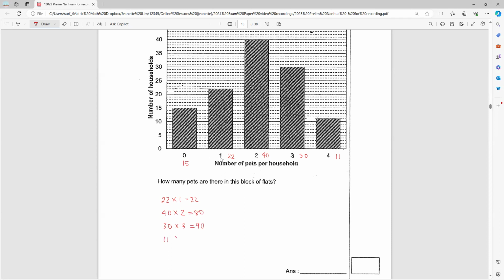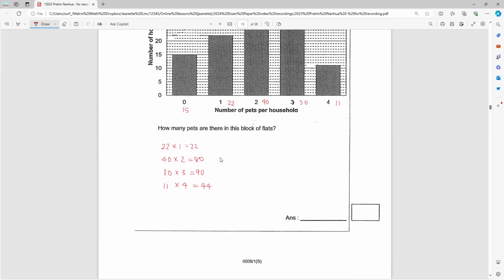And then 11 households have 4. Next we add them up to find the total number of pets. So 22, 80, 90, and 44. Calculate it out, you should get 236 pets. So that's the total number of pets.